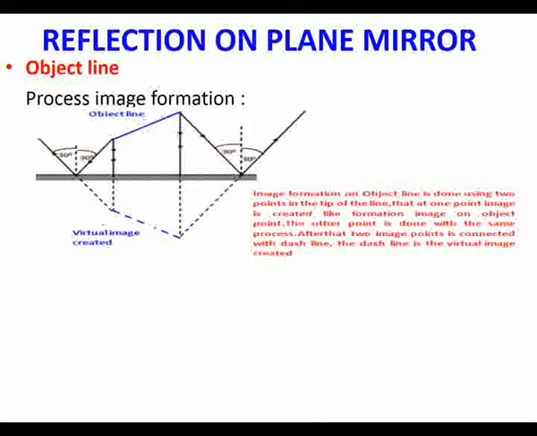For the first point, the ray comes to the mirror as shown by the orange arrow. The ray comes with an incident angle of 30 degrees. Using the second law of reflection, the ray will be reflected with an angle of 30 degrees too.